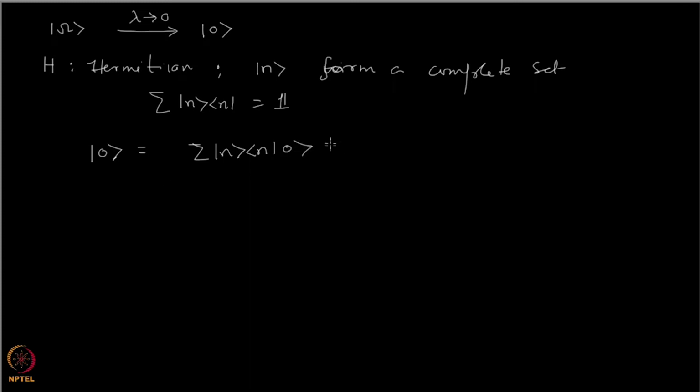This I further write as the following. So this is the ground state. All I am doing is breaking up this sum into two pieces. One piece, the first state, is the ground state, and then of course I have this vacuum here, plus all other remaining states.